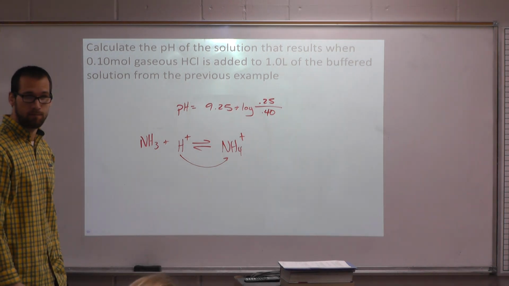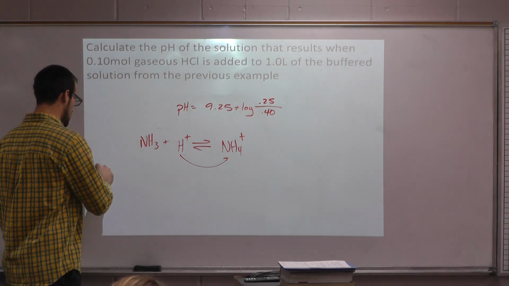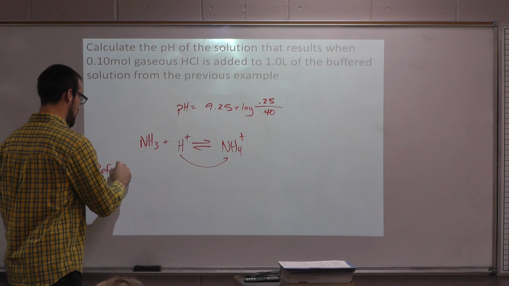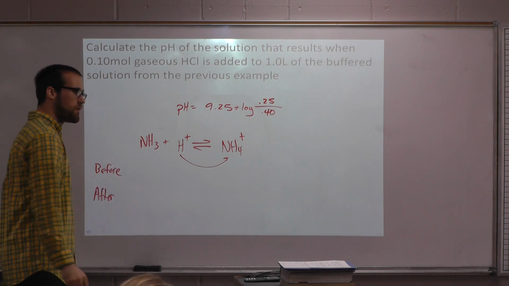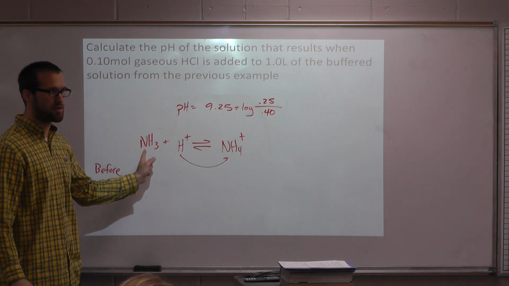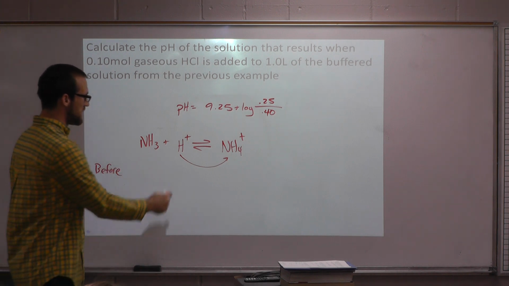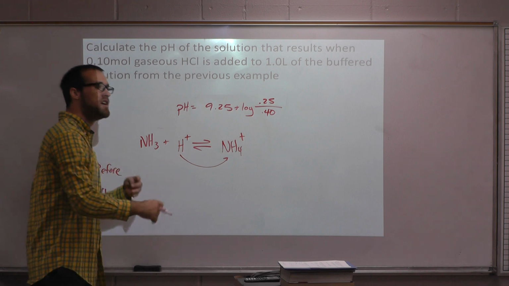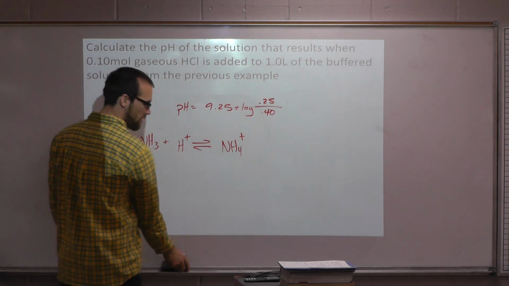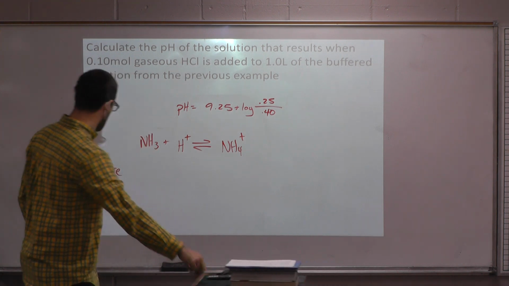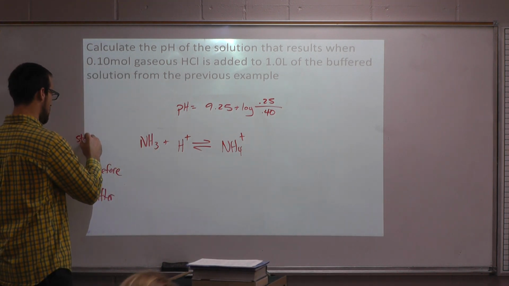Weak acid. So we still have to do the stoichiometry, and remember we're assuming what? We're assuming that this reaction is going to go to completion because this is an extremely strong acid that it will react to completion. So this would be our stoichiometry step here.